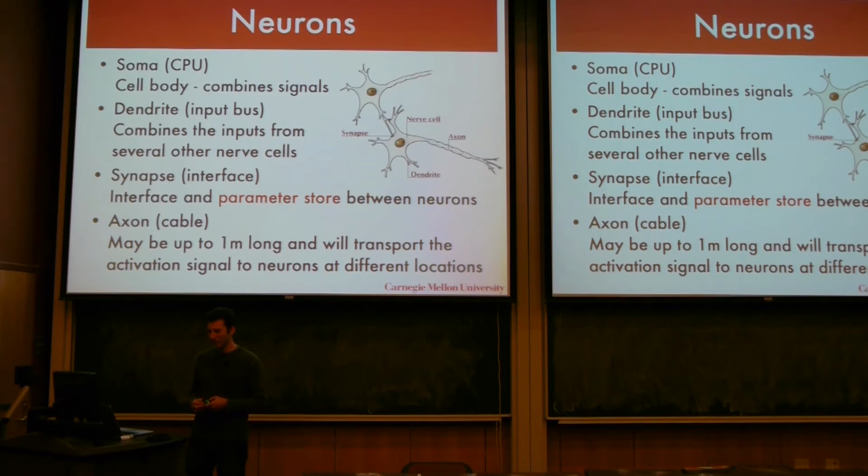Think of the inputs coming in, and there's a synapse, which is where two neurons interface. There are actually weights on those synapses that tell you how much to look at the incoming signal. Then there's an axon, which is usually fairly long, and it transports the signal somewhere else.